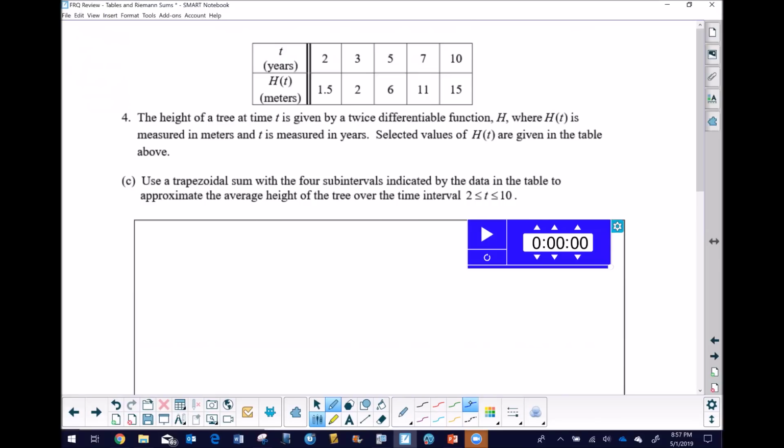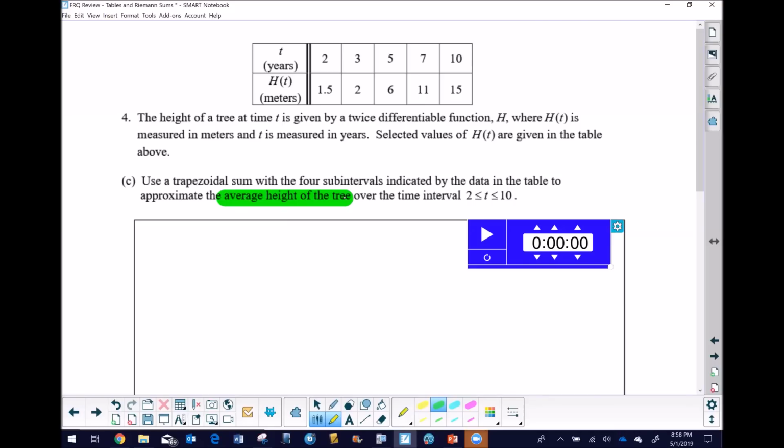So in this particular problem, we'll have to focus on the trapezoid idea, but then we're also, and this is a very tricky thing, you guys, we're going to have to really read this question. Approximate the, what's this phrase? Average height of the tree. The average value of the height of the tree.